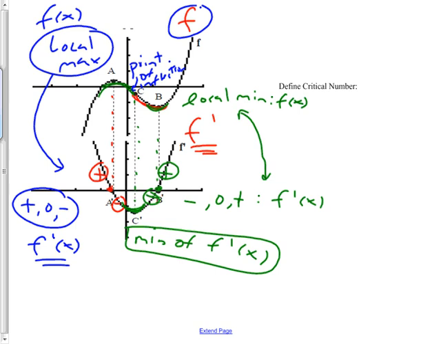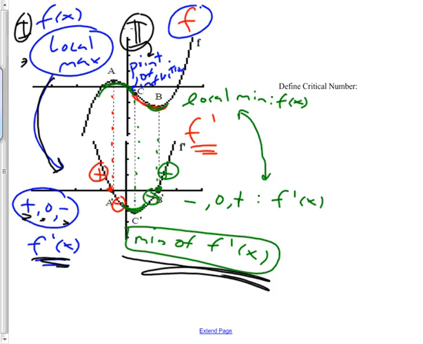So we've got three major things going on. First one, if the function has a local max, that means its derivative is going positive, 0, negative. Second thing, if there's a point of inflection, so where the concavity changes, that means that my derivative must either have a minimum or a maximum.